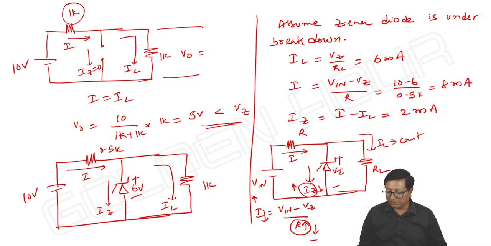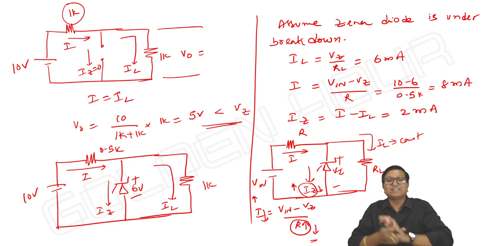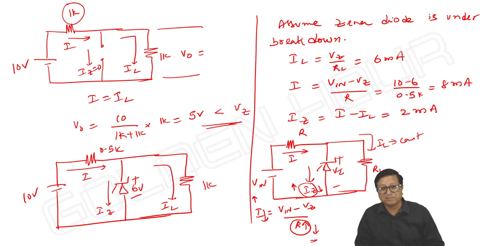So even for the minimum value of R, I should not go beyond a certain value such that Iz should not exceed its Izm. This is the basic idea. Okay. Iz is anyway proportional to I, no doubt about it. But there is an inverse relation between I and R. Is it not so?